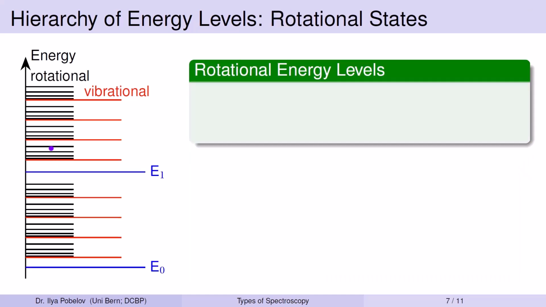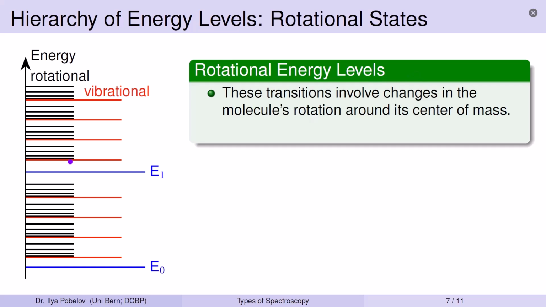Nested within each vibrational level are the rotational energy levels. These transitions involve changes in the molecule's rotation around its center of mass. The energy differences for rotational transitions are the smallest, often as small as 10 to 100 joule per mole.